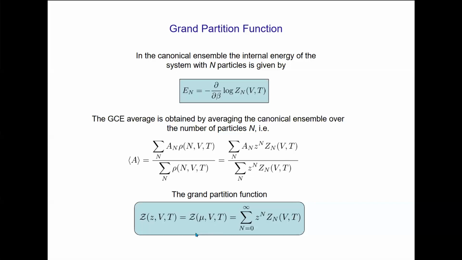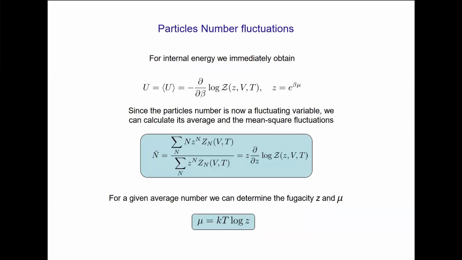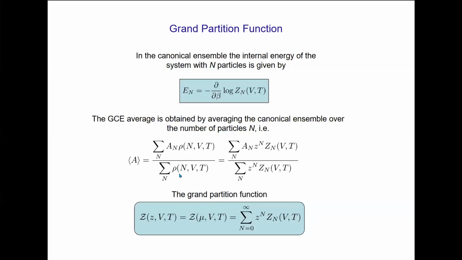We introduced it into our statistical description simply as an additional variable. And now using this definition, the grand canonical partition function is simply given by the sum over all numbers of particles of the canonical partition functions with different weights, and the weights are equal to z to the n, where z is a fugacity.